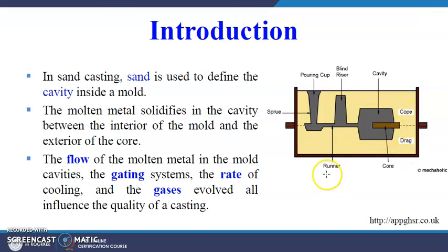Then this is the core, this is the runner, this is the sprue, and there will be one gate. So there is flow of molten metal through the gating system. The rate of cooling and gases involved influence the quality of casting. Means whatever the rate of cooling is, that will influence the quality of casting.